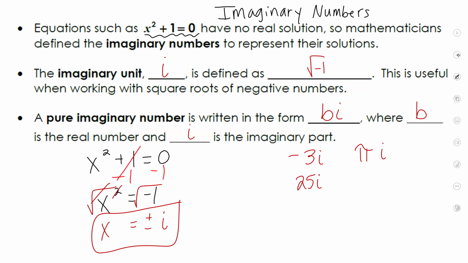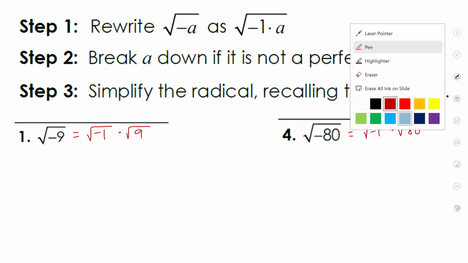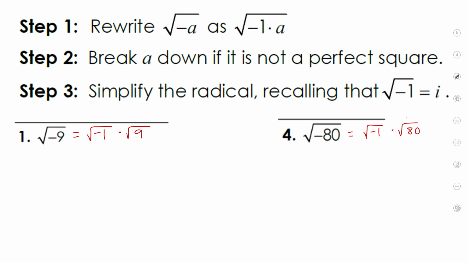Remember, i is what the square root of -1 is equal to. Whenever you see the square root of -1, you put an i there. So here, that's just i. What's the square root of 9? 3. So you'll write your answer as 3i.